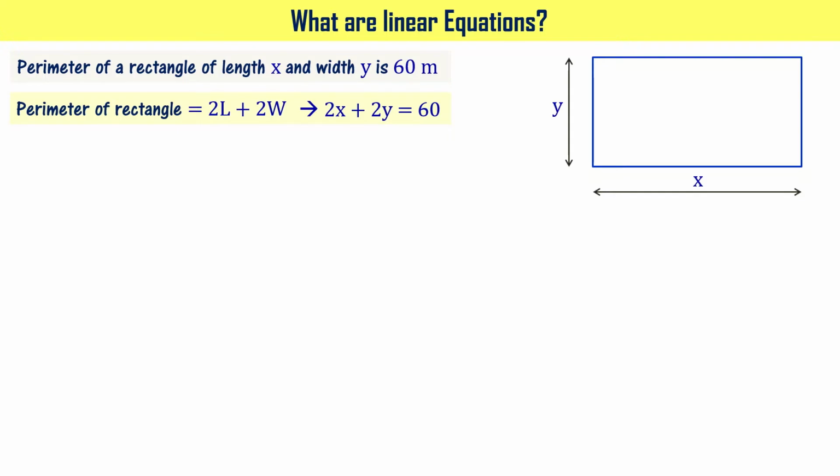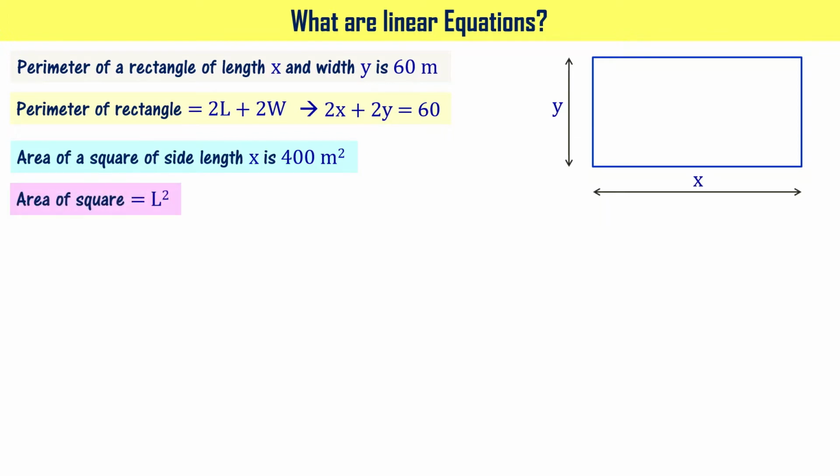This is the equation, right? Let's take another statement. The area of a square of side length x is 400 meters square. We know the area of a square is defined as the length of the side whole square, right? It means x square is going to be equal to 400. This is another equation.